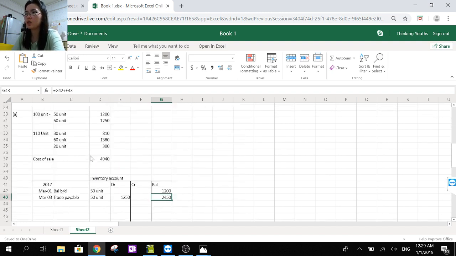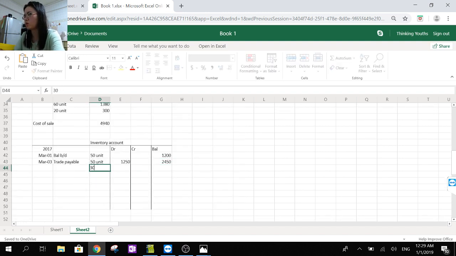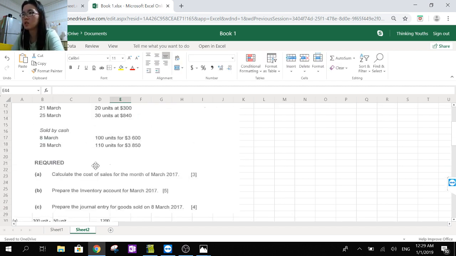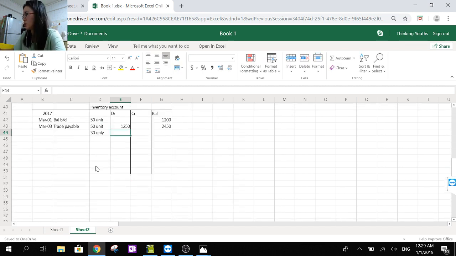You purchase another 30 units. So 30 units is 810, March 05. Still payable. Everything will be on credit basis.